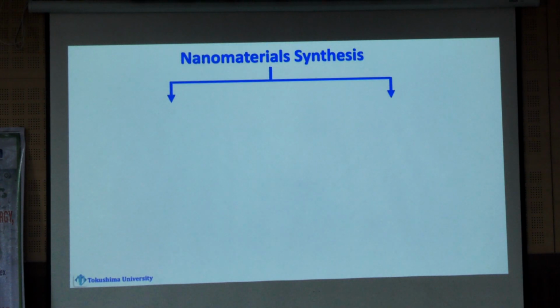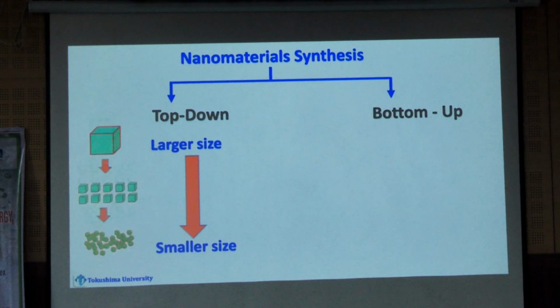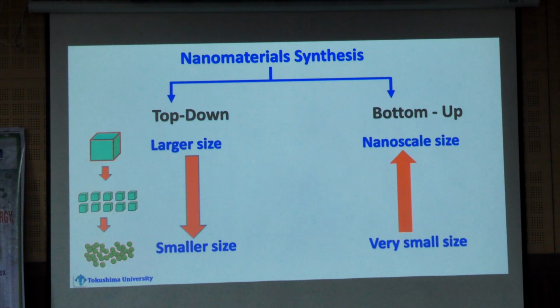Then we come to lecture number 3, that was about nanomaterial synthesis. I have explained there are 2 types of approaches that can be used to prepare the nanomaterial. The one approach was top down, the other approach was bottom up.